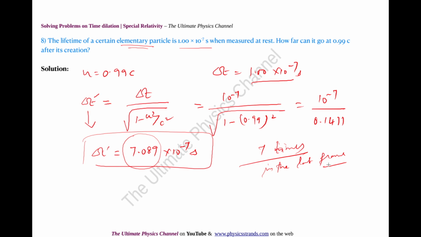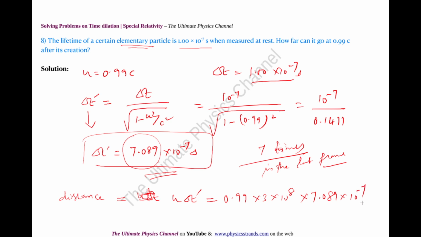Now the question is not that actually. The question is how far can it go at 0.99 c after its creation? So for that we have to calculate the distance it can move. The distance moved by the elementary particle is equal to its speed multiplied by its lifetime in the Earth's frame. So it is u times del t prime, which is 0.99 into 3 into 10 power 8 multiplied by 7.089 into 10 power minus 7.